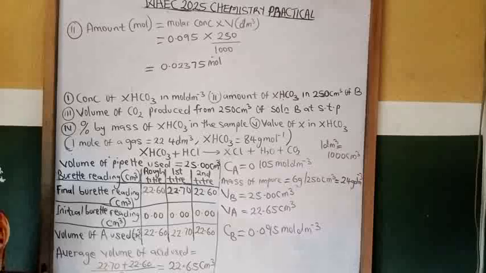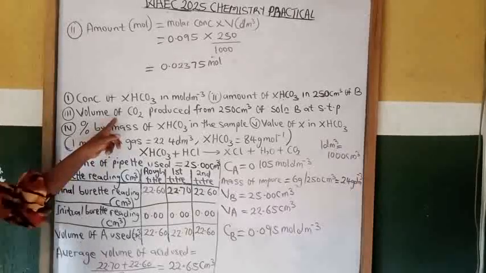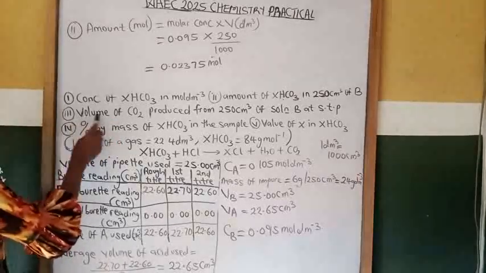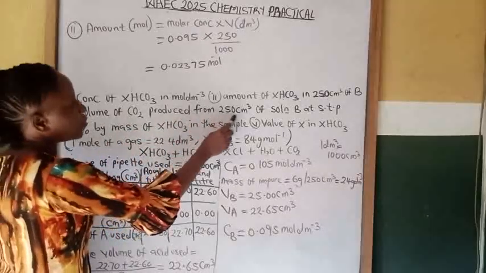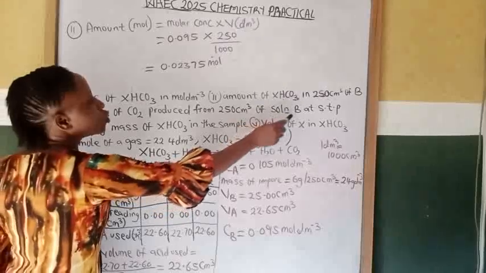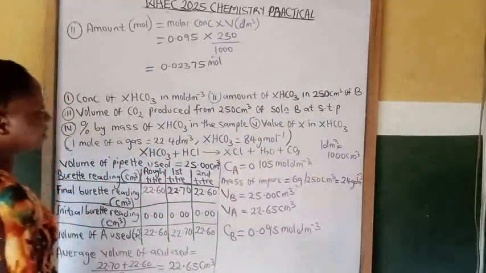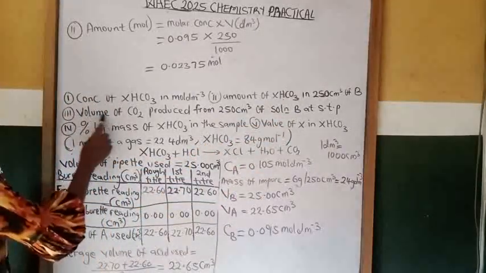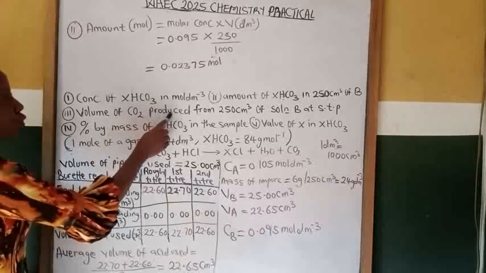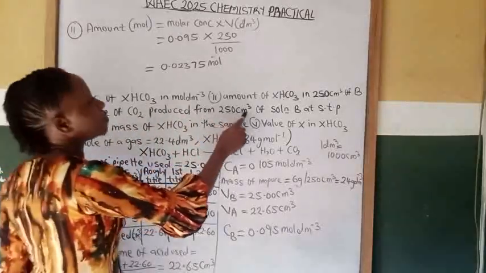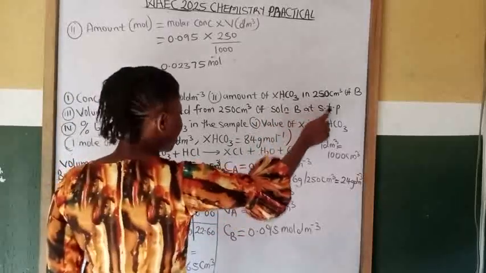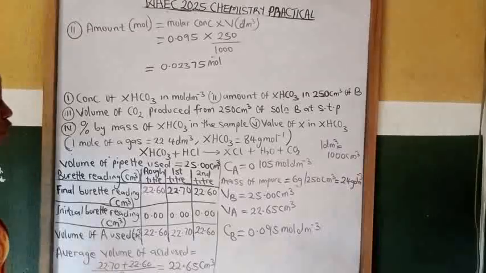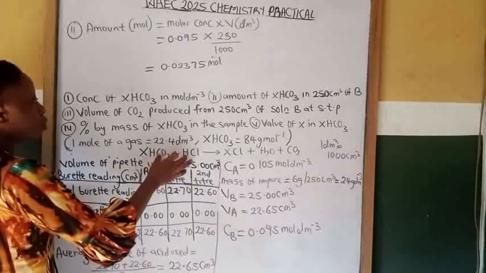The next one says: calculate the volume of CO2 produced from 250 centimeter cube of solution B at STP. So to calculate the volume, you go back to your question.